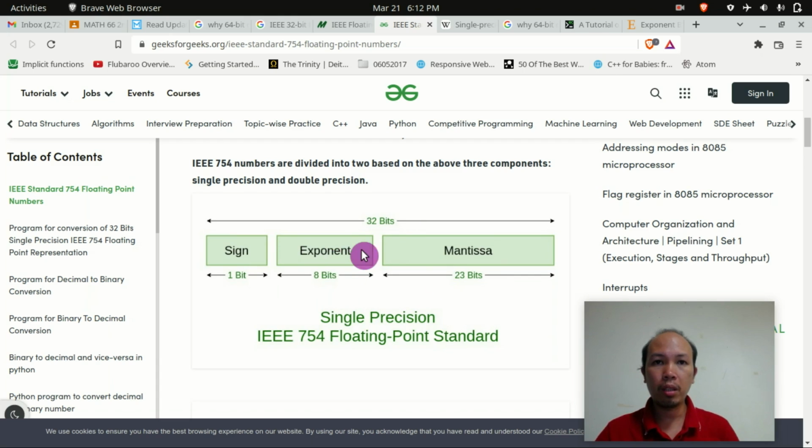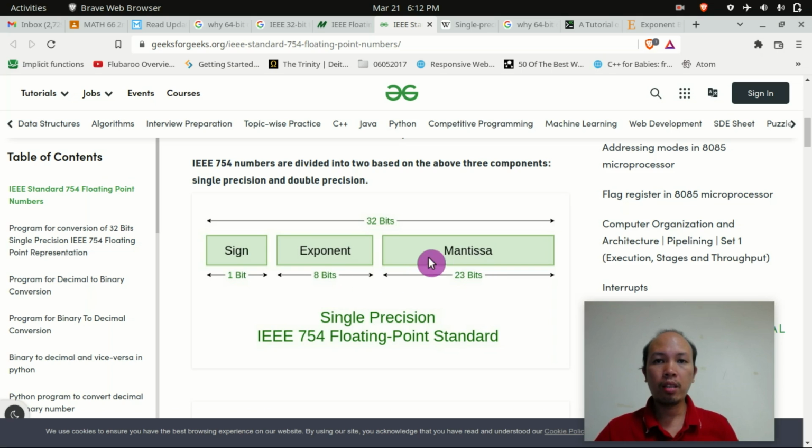We reserve the first bit to be the sign, and then we allocate 8 bits for the exponent, and 23 bits for the mantissa.